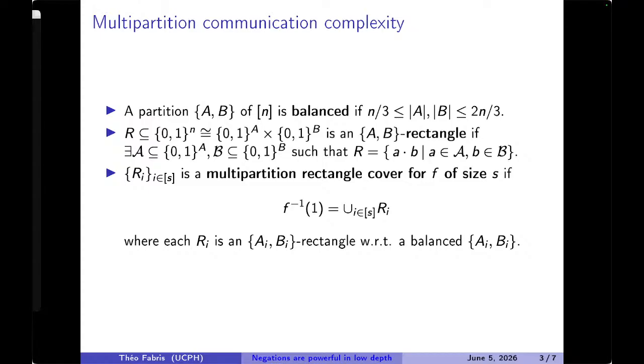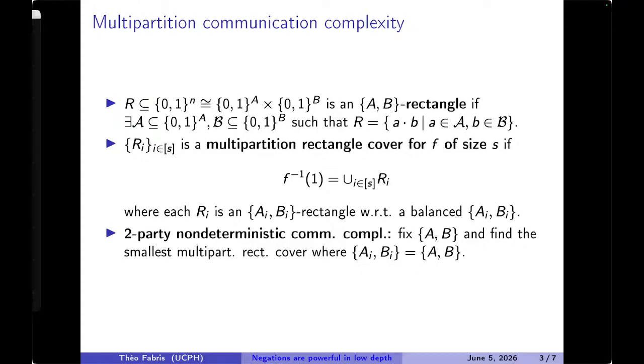Why is this definition interesting? One reason is that it generalizes the usual two-party non-deterministic communication complexity of a Boolean function, which is the case where we fix a partition beforehand, and then we require that all the rectangles in the cover are of the same partition. If you know what the two-party non-deterministic communication complexity is, it's kind of clear that they're the same object.